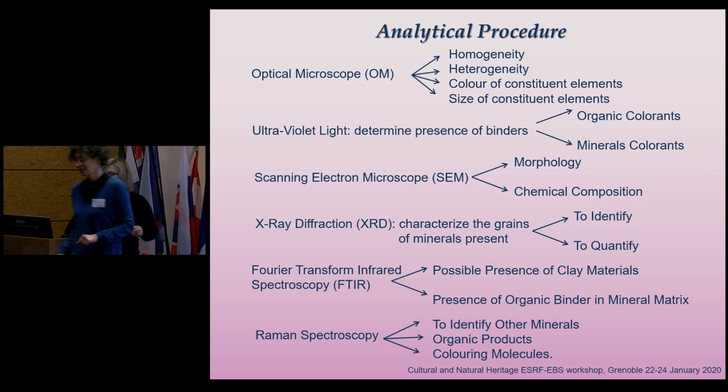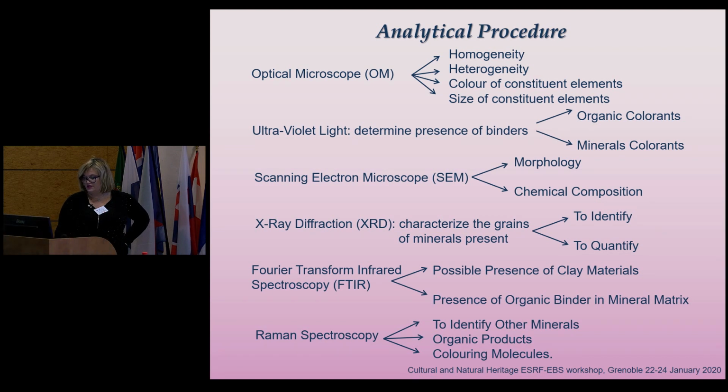We use a scanning electron microscope to understand the morphology of the powder, and X-ray diffraction to identify and quantify the powder. And we have vibrational spectroscopies, FTIR and Raman spectroscopy, which make it possible to define the presence of clay and organic binders, and to identify other materials and organic compounds.